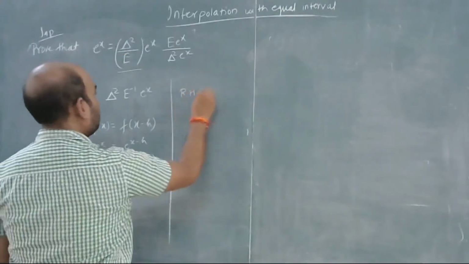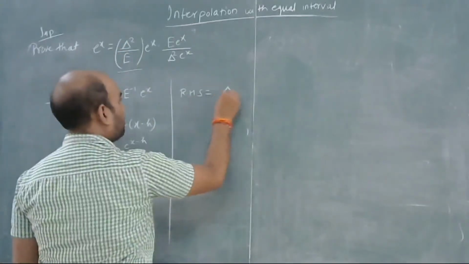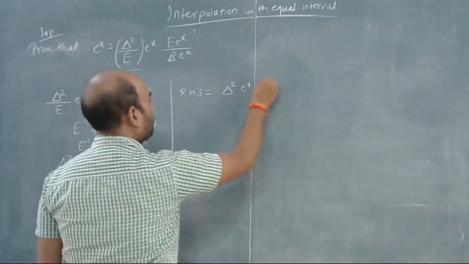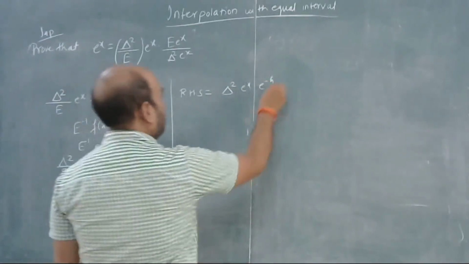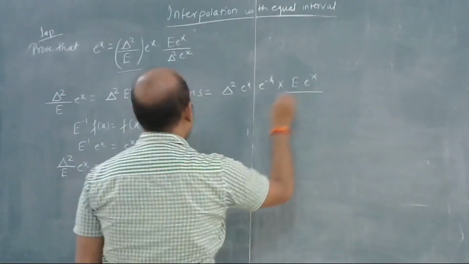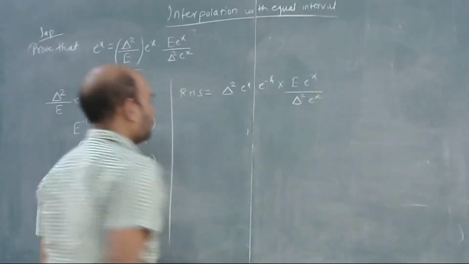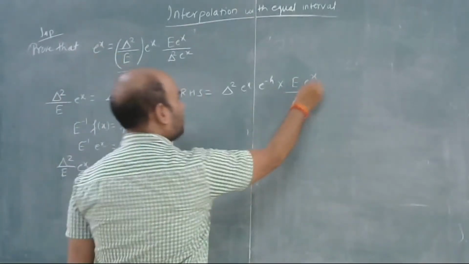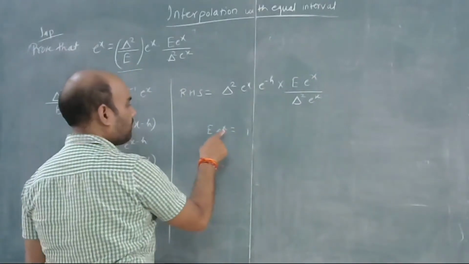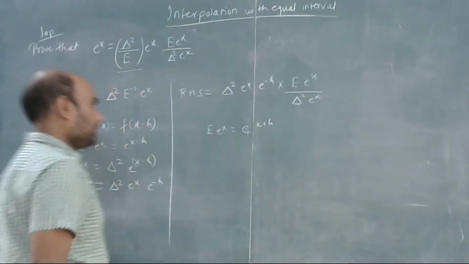RHS is equal to del square e to the power x into e to the power minus h into e to the power x divided by del square e to the power x. Now what is this e to the power x? It will increase the value of x by a small step h.